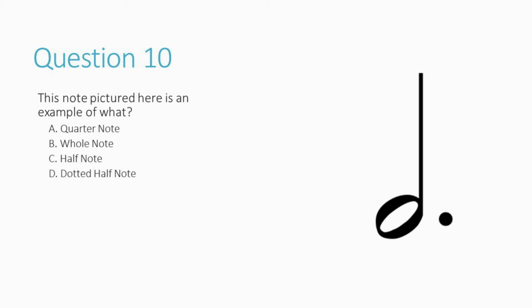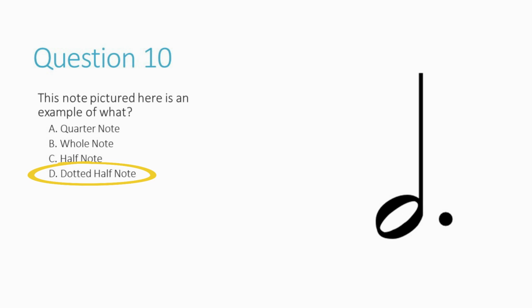Finally, question 10. This note pictured here is an example of what? A. Quarter note, B. Whole note, C. Half note, or D. Dotted half note. The correct answer is D, dotted half note.